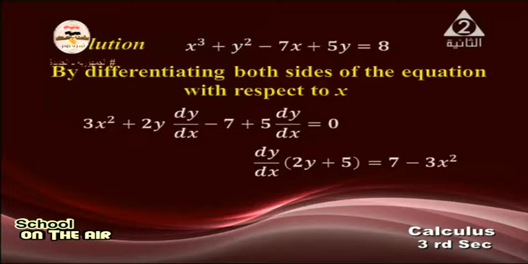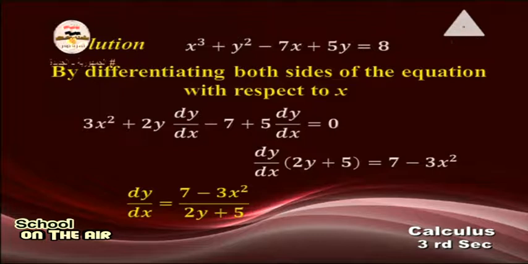Then dy dx multiply (2y plus 5) equals, in the right hand side, 7 minus 3x power 2, which are the terms free of dy dx. Now dy dx equals (7 minus 3x to the power 2) divided by (2y plus 5), which is the first derivative of the implicit relation x power 3 plus y power 2 minus 7x plus 5y equals 8.